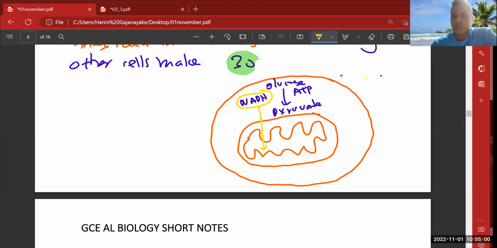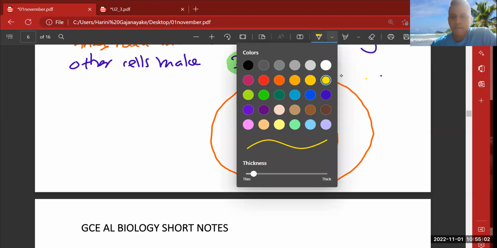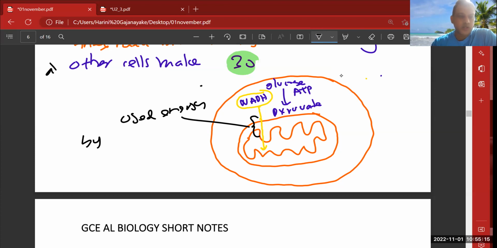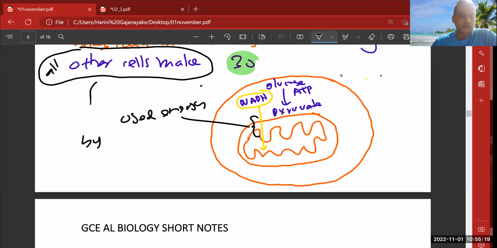So here, in this transport across the membrane, energy is used by all other cells except heart muscle and liver.